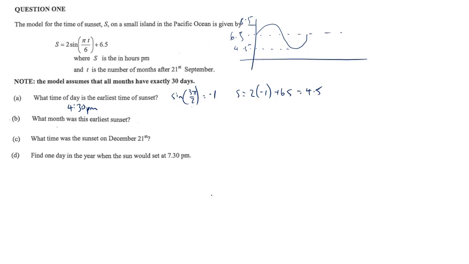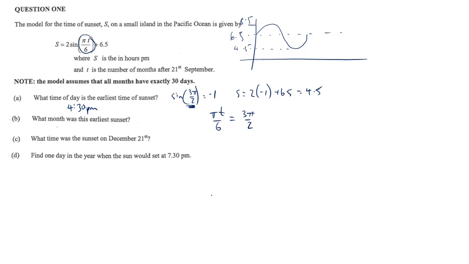What month is the earliest sunset? Well, I've sort of halfway answered that here, because I need this part here, pi t over 6, to be the same as 3 pi over 2, because sine of 3 pi over 2 will give me the answer of -1.